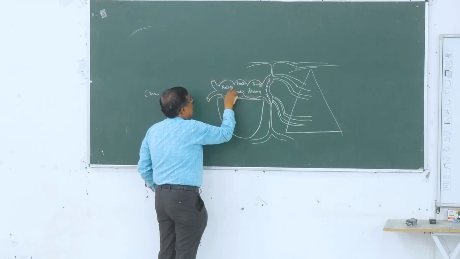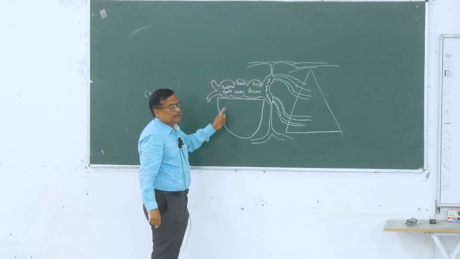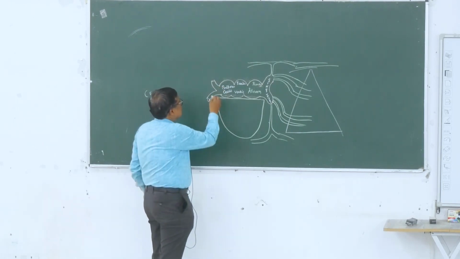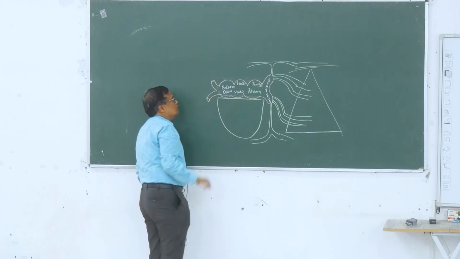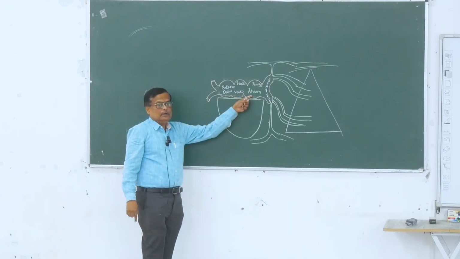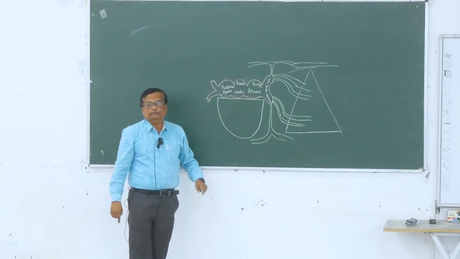Cordis means heart, B-U-L-B-U-S cordis. The extreme end we call the truncus arteriosus. Actually, it is a part of the bulbus cordis. So there are dilatations: from this side, bulbus cordis, primitive ventricle, primitive atrium.